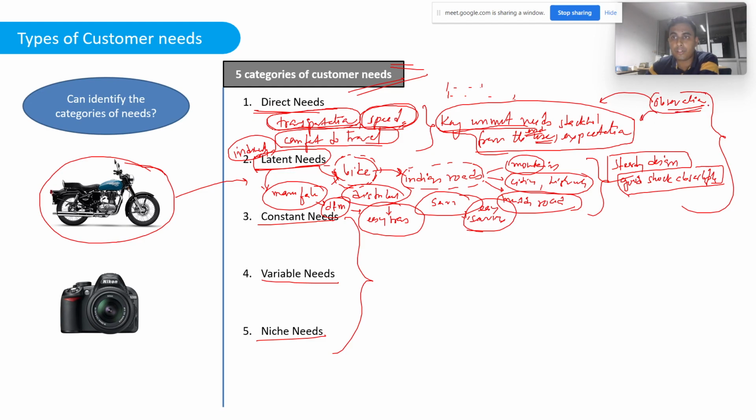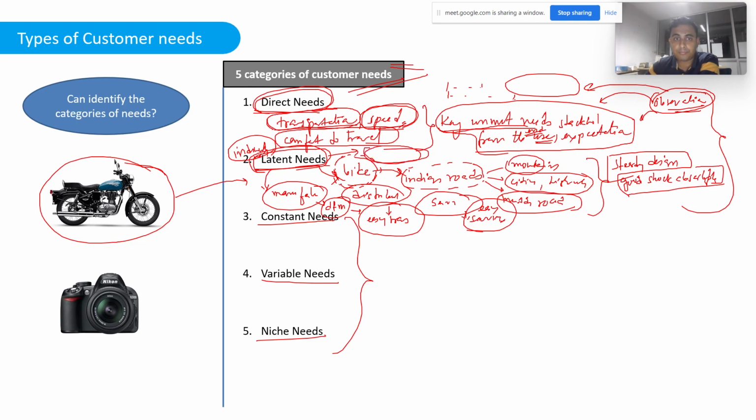If you do a survey or interview and the customers tell you this is a requirement, or if you observe a particular problem, then you come up with direct needs. Latent needs also come from critical analysis as well as observation. However, these are mostly dependent upon technology.